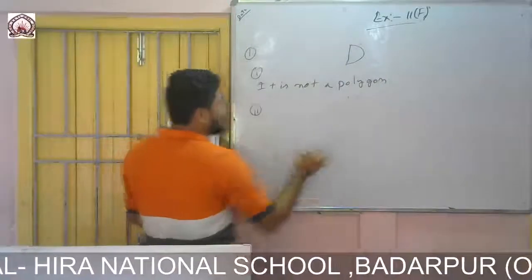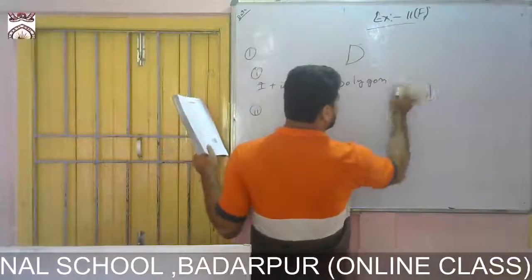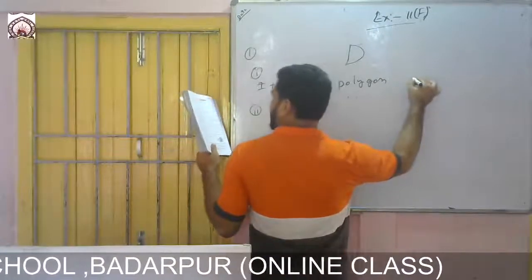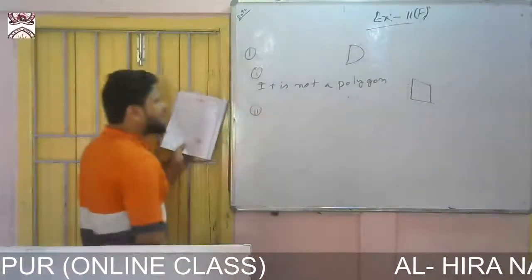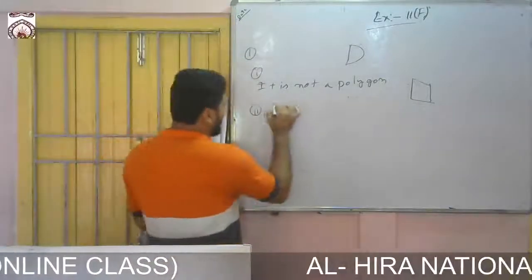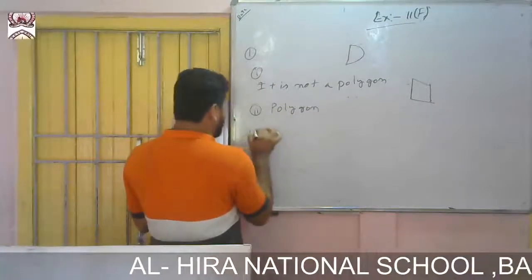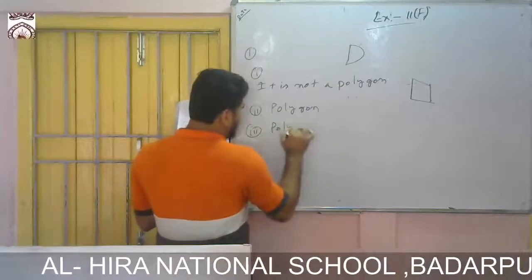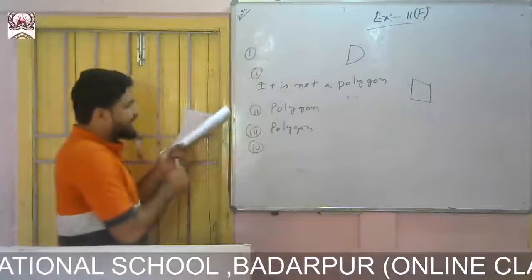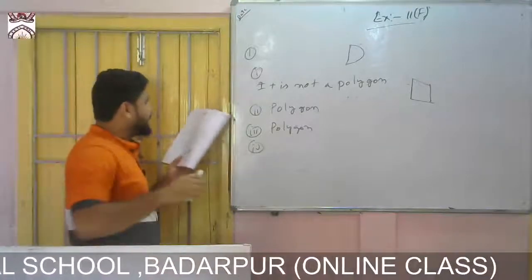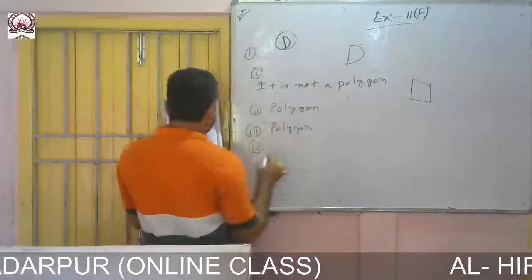Number 2, the figure is made up of line segments, so it is a polygon. Number 3, it is a rectangle, so it is a polygon. Number 4, you see, it is like a D shape, so one curve is there, so it is not a polygon.